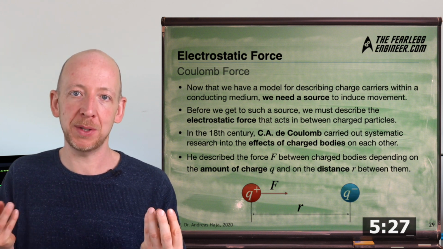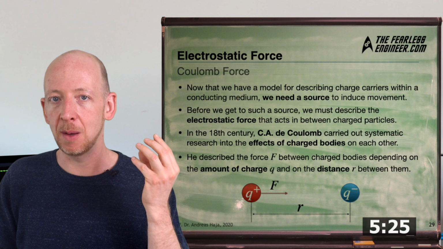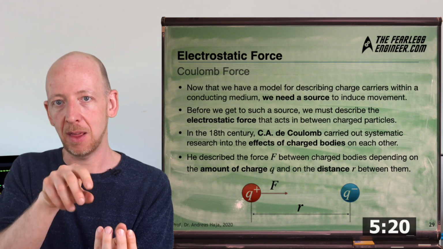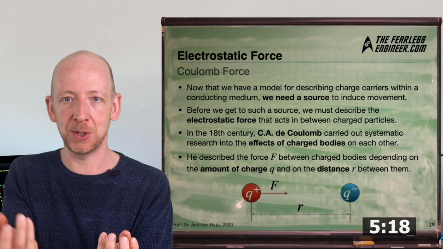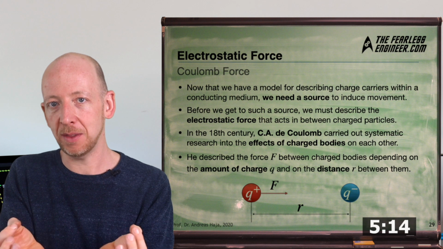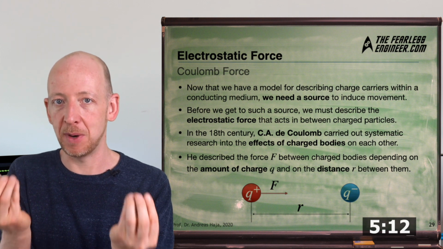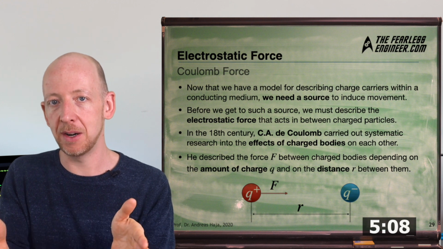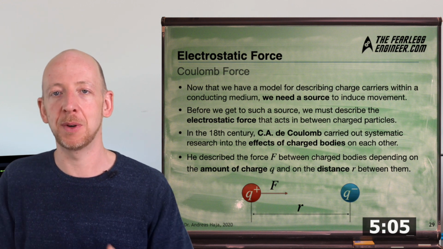So if you take only 2 bodies, as you can see in the small diagram here, you have a positively charged body indicated by Q+, and then you have a negatively charged body, the blue circle, Q-. The force F between them depends on the amount of charge in Q+ and Q-, and on the distance r between the 2 bodies.